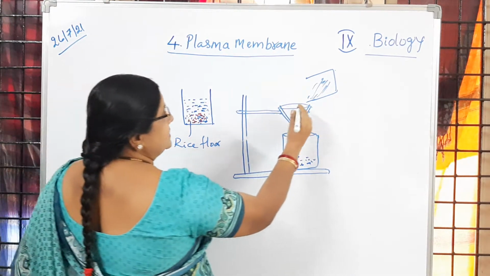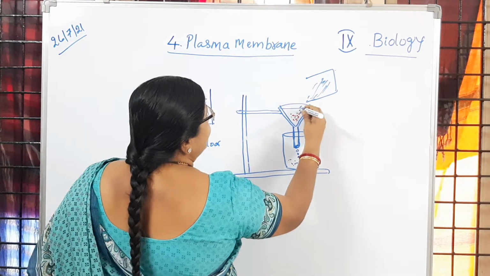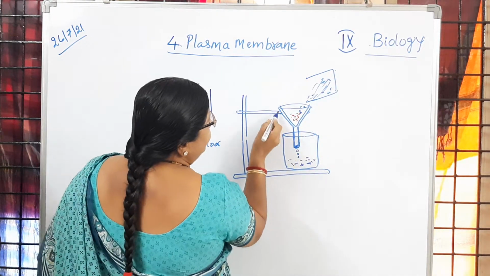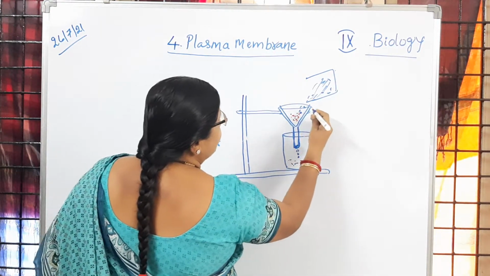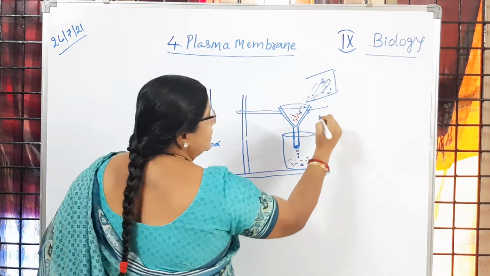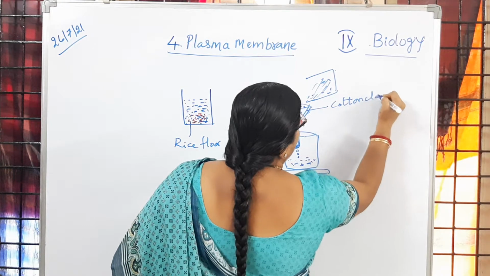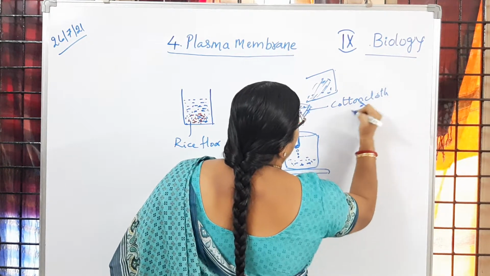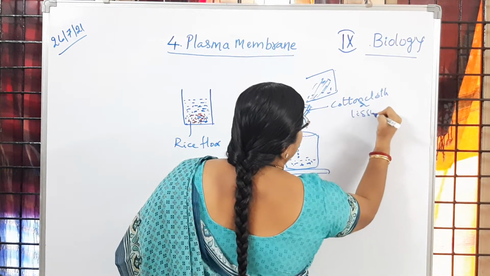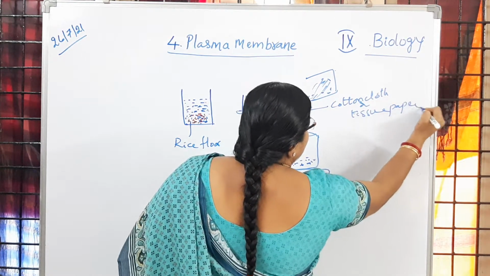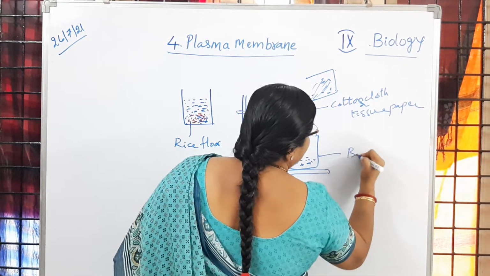It will be observed as it is. So now here we are pouring this rice flour or wheat flour solution, and in the funnel we arranged this cotton cloth or tissue paper, then the beaker.